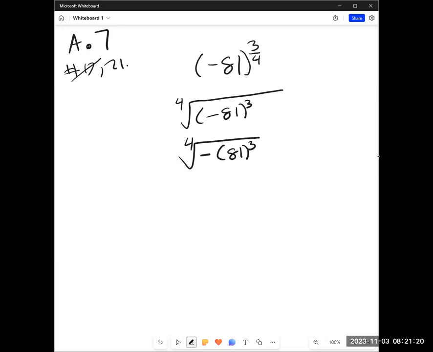And I can stop there because I have a negative number inside of an even root. And I can answer this question: the answer is not a real number.